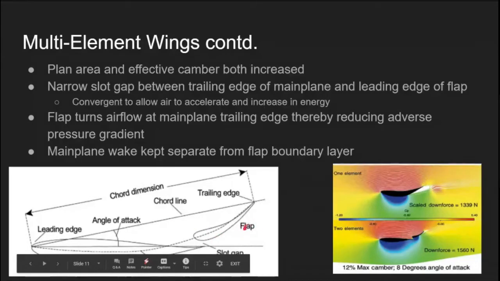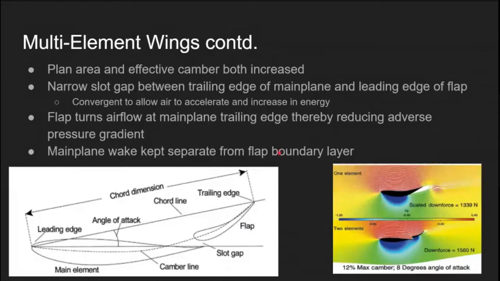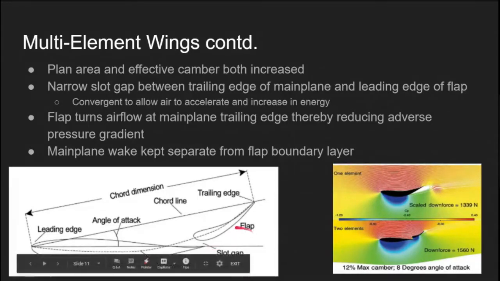And what this flap is doing is it's also turning the air here and reducing the adverse pressure gradient. So if you think back to when I said the flow knows what's coming ahead of it, right? Due to this flap and this low pressure region here and the curvature of the flap itself, the air at the trailing edge of the main plane sees that there's a curve coming up ahead of it, and the flow here is actually prematurely, you can say, turned.